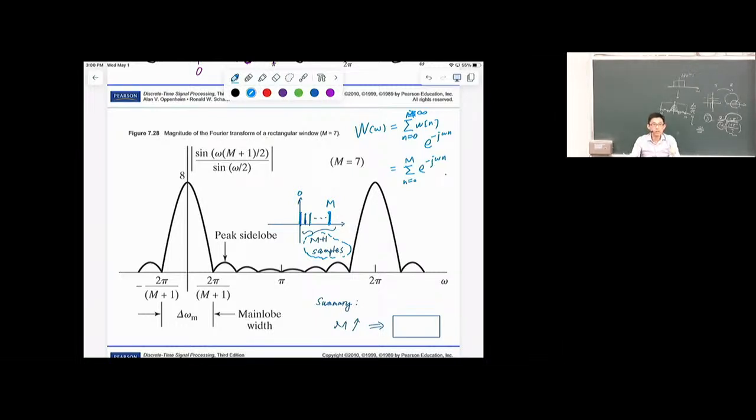Outside, we don't care about the outside. Outside, the window is all 0. So really, this is the result, okay?